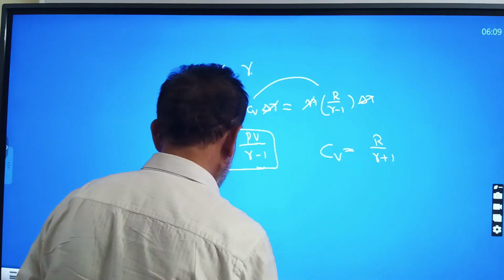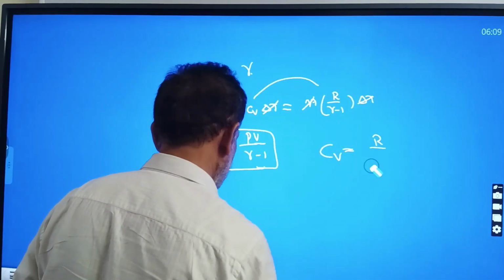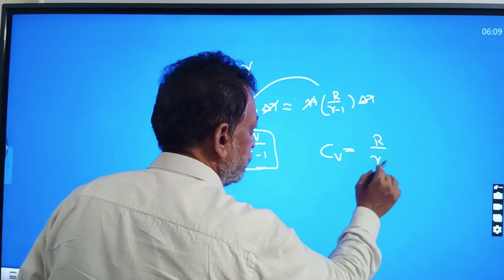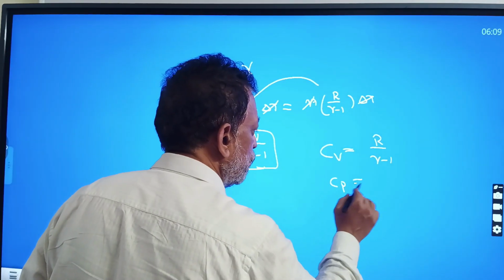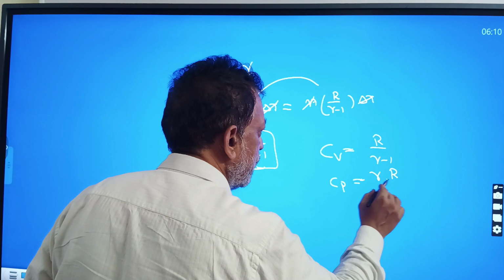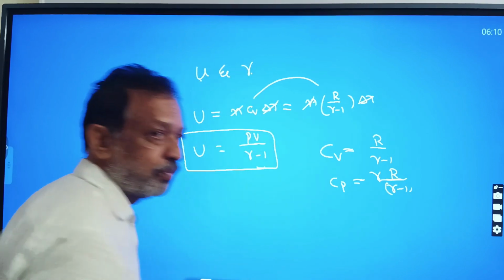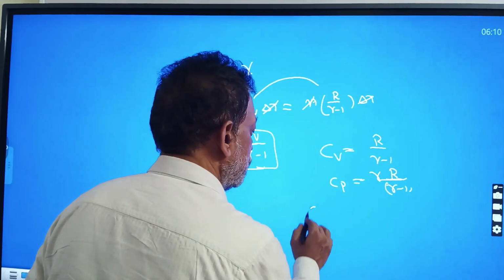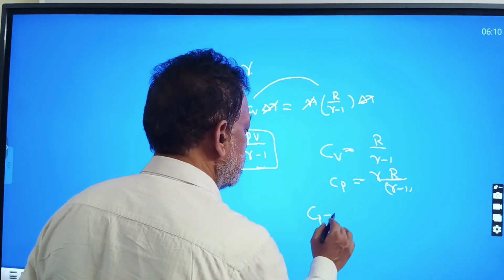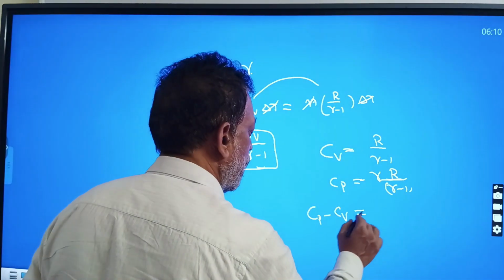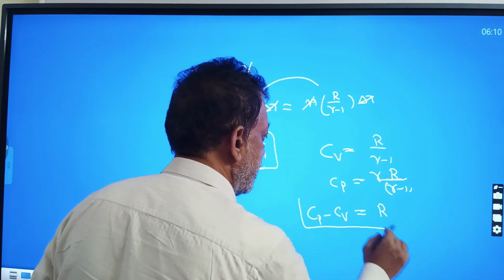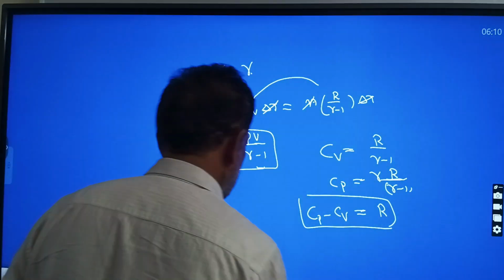What is Cp? Cp is equal to gamma into R by gamma minus 1. How did you get this? Cp minus Cv is equal to R. This is called Mayer's formula. From this only you got it.